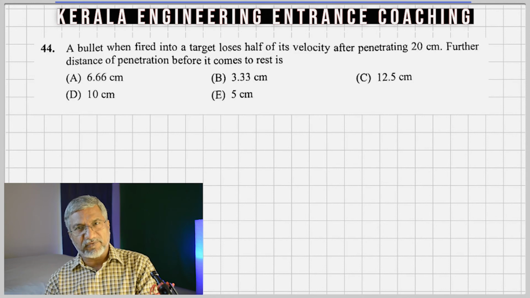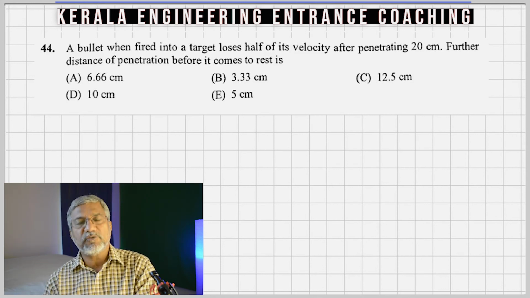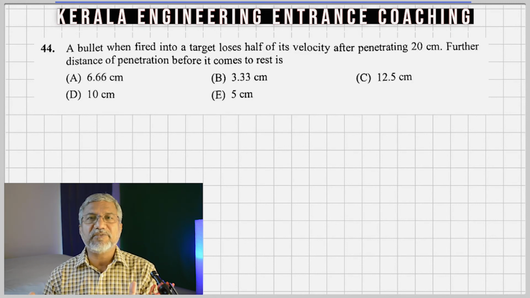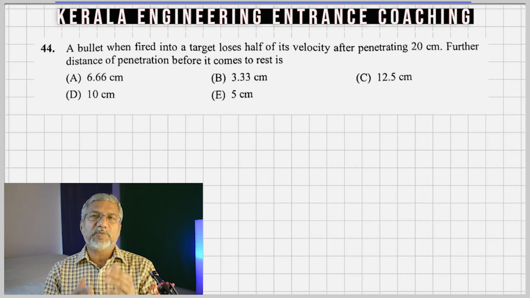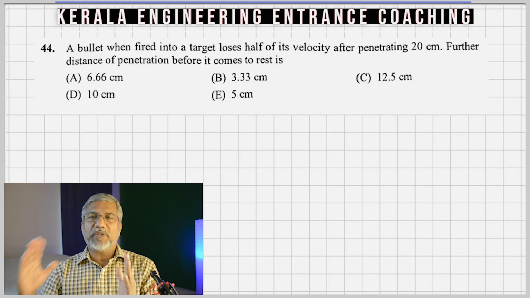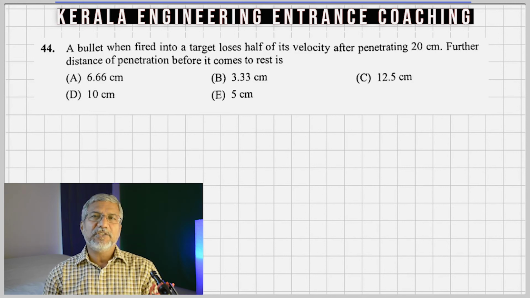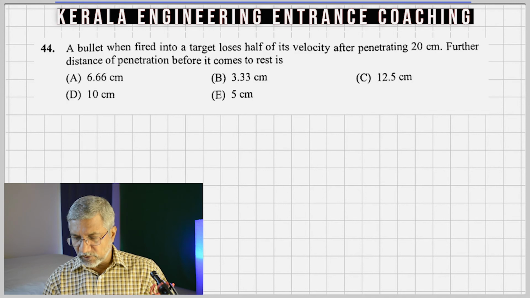So how much energy was lost? 0.75. I hope it's making sense. If it started with 100% kinetic energy, it became 25%. So how much was lost? 75%. So 0.75 was lost. All right, so let me write it.